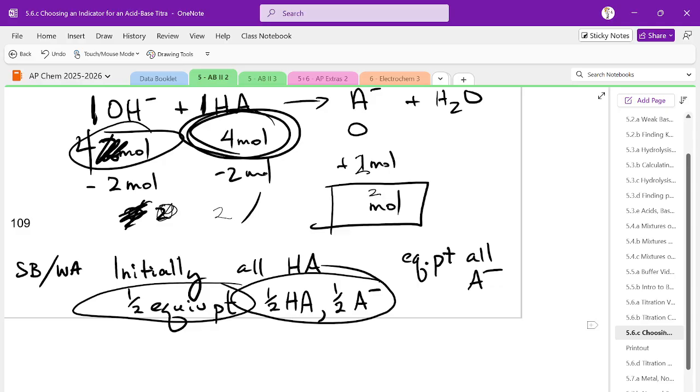Cross out the one on the back so you don't get confused.